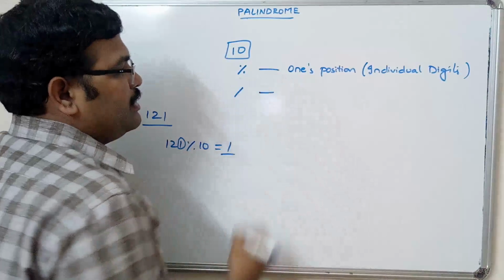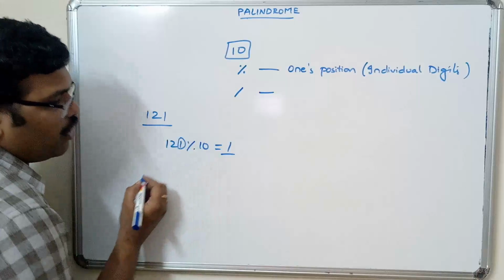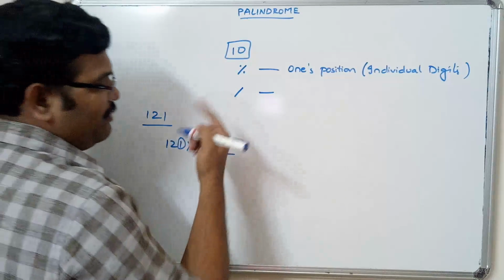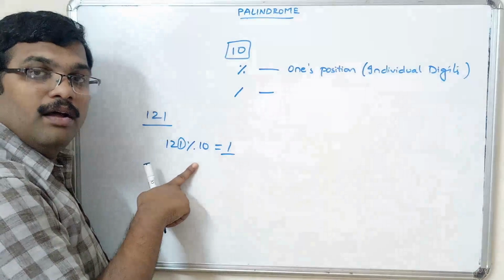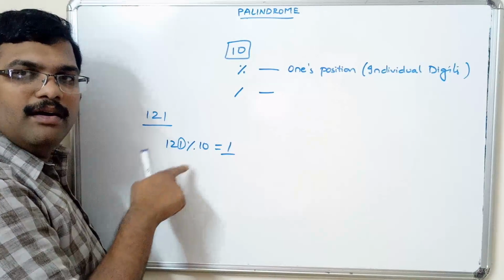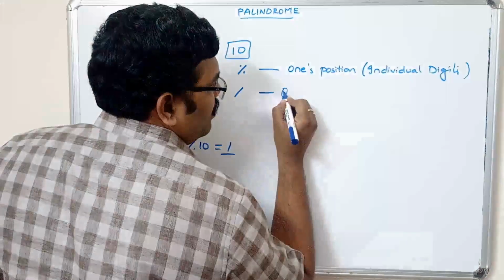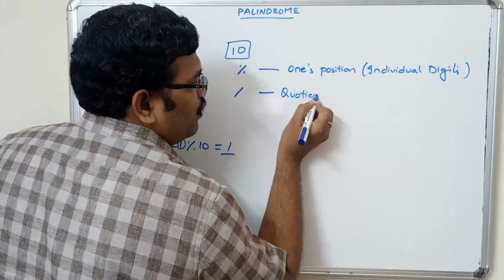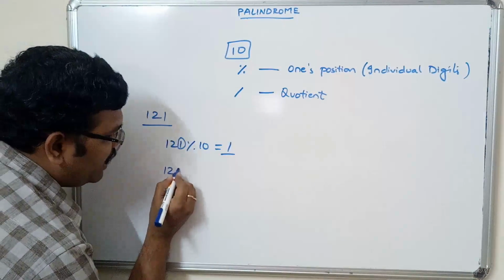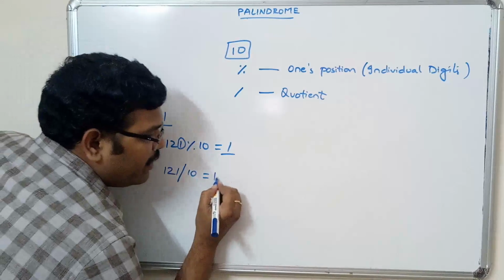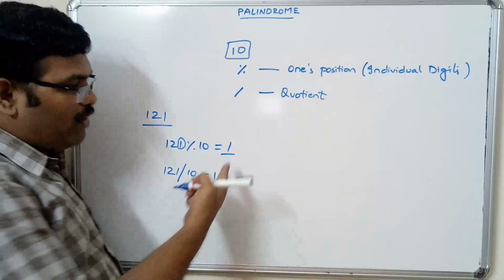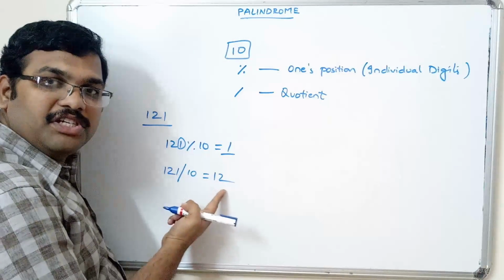The division operator gives the quotient. 121 divided by 10 gives 12 as a result. So we get the ones position and the remaining positions.